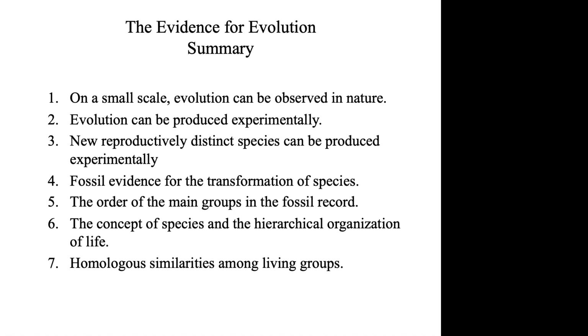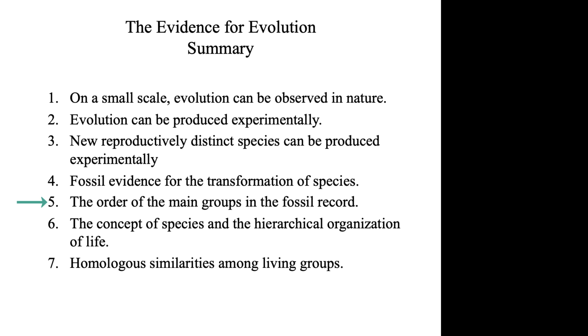So here's just a summary of the evidence for evolution. On a small scale, evolution can be observed in nature. So this is microevolution. Evolution can be produced experimentally. Newly reproductively distinct species can be produced experimentally. They can be observed in nature as well. Fossil evidence shows the transformation of species and speciation events.